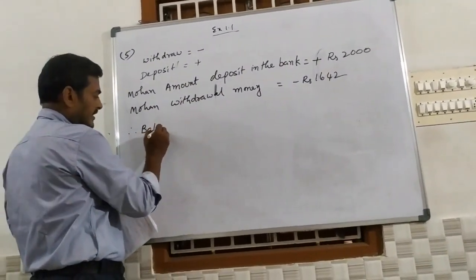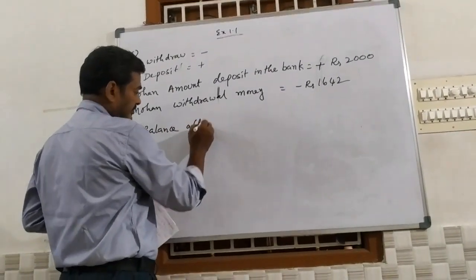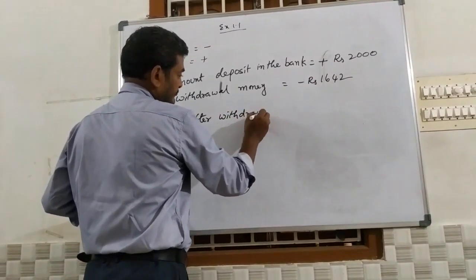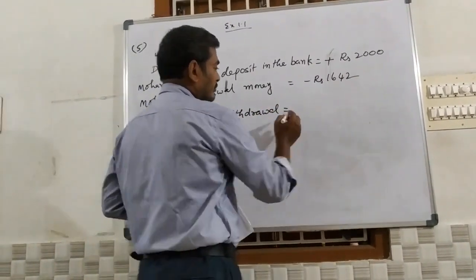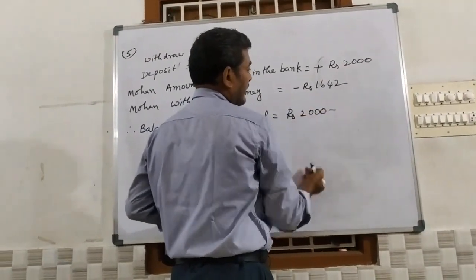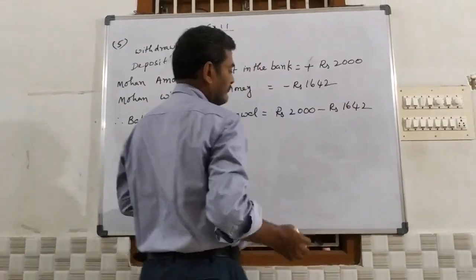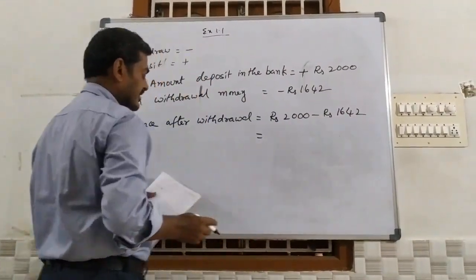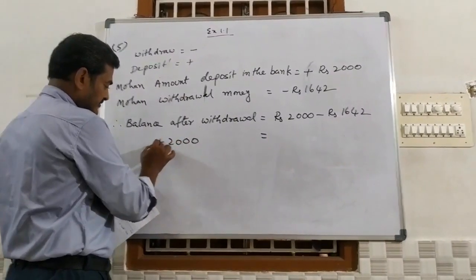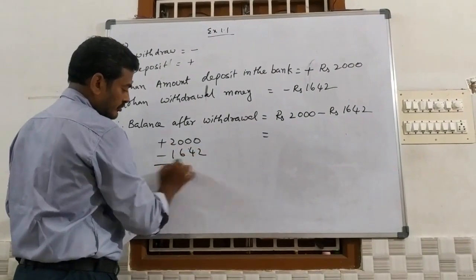Therefore balance after withdrawal is equal to rupees 2000 minus rupees 1642. If we subtract, 2000 minus 1642.